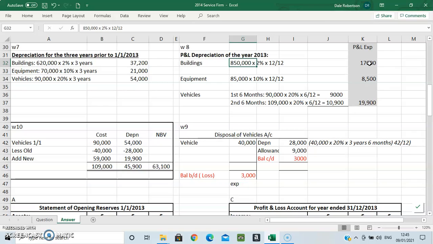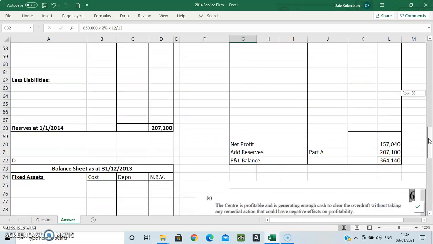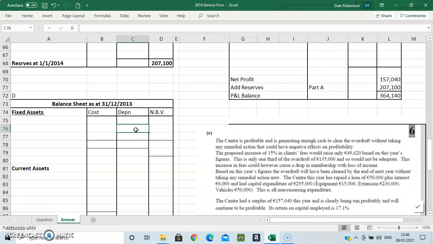Of course, buildings will subsequently be revalued, but that equipment, that 8,500, will be added on to the 21,000, so that in the balance sheet, your depreciation for buildings, let me go down here and show you, will be 29,500.